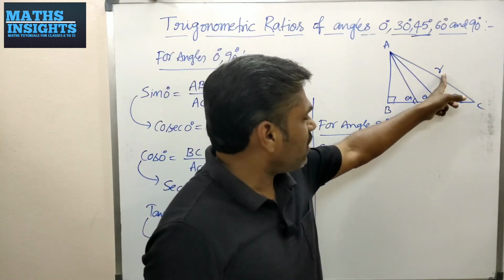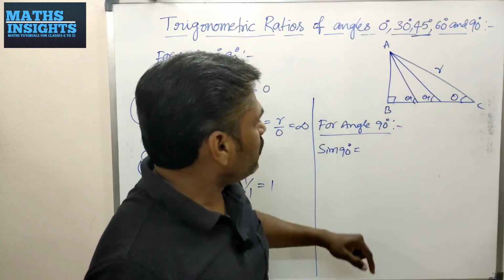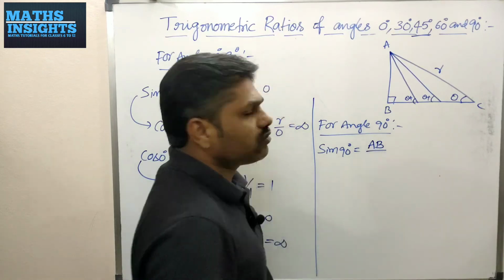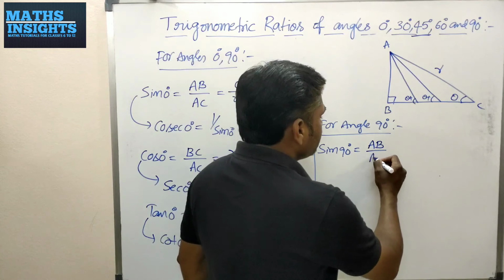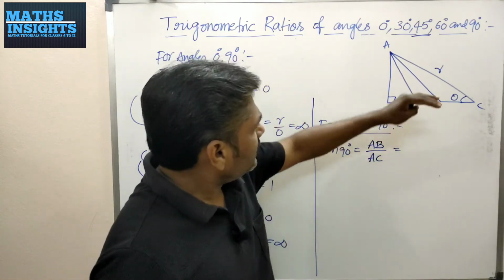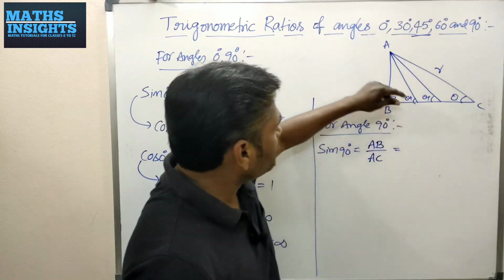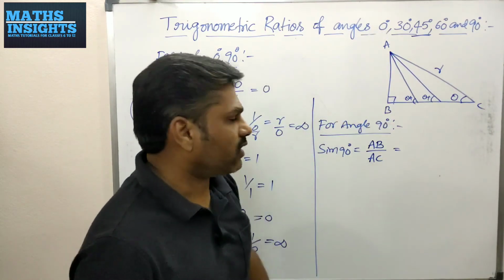Then this r coincides with the side AB. Therefore actually the definition is side opposite to theta AB by hypotenuse AC. When the length of this side becomes 0, this hypotenuse coincides with the side AB, therefore the length will become r.